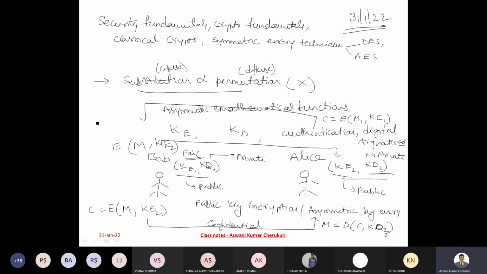Once Bob receives the message, Bob decrypts it with his private key to get back the plain text: M is equal to D of C comma KD1. Since the decryption key is the private key of Bob, only Bob can decrypt the message.